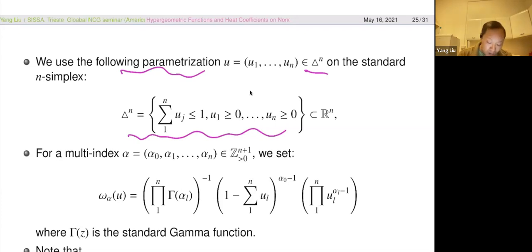I think this hypergeometric notion is from algebraic geometry. They consider integration along a polygon, for example in this delta n, with factors like this.